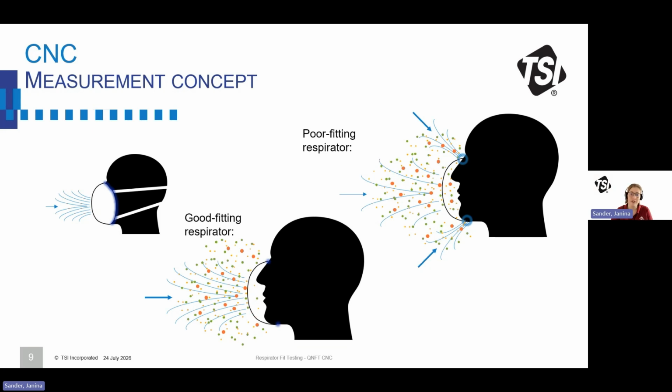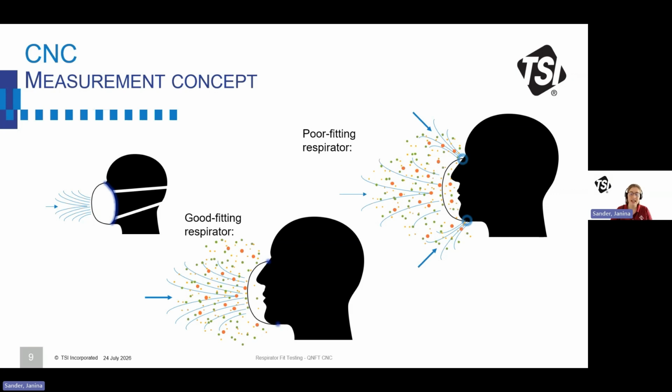If you have a poorly fitting respirator, you have your hazardous air outside, but due to physics, as the air always takes the way of least resistance, you are breathing in through leakages and not through the filter material. Through leakages, you breathe in the hazardous air without it being filtered. So inside the respirator, you also find these hazards you want to protect yourself from.